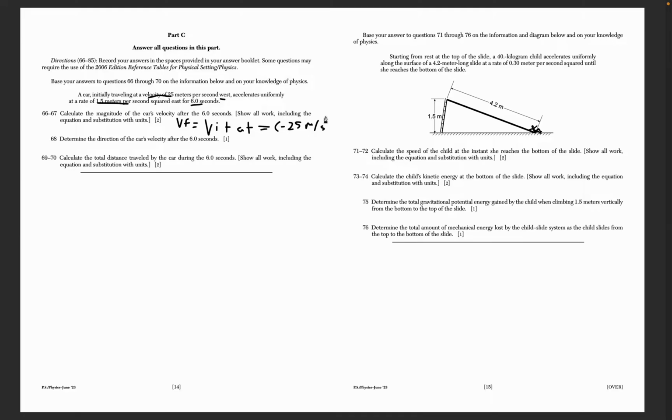Negative 25 meters per second plus the acceleration, which is 1.5 meters per second squared east. So it's 1.5 meters per second squared times 6 seconds. And this should give you, let's use a calculator.